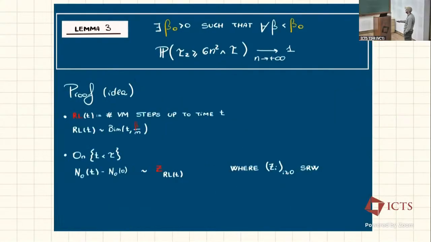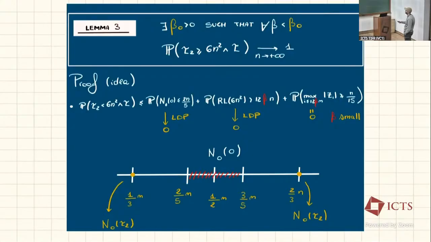Then, by the fact that this is binomially distributed, we can also control the number of voter model steps up to time 6n squared being bigger than 12 beta n. And lastly, what we need to control is the probability that this random walk exceeds the interval that we want to stay in. The first condition is that our initialized random walk, if we start n0 of 0 somewhere, is in that regime, 2/5 and 3/5 times n.